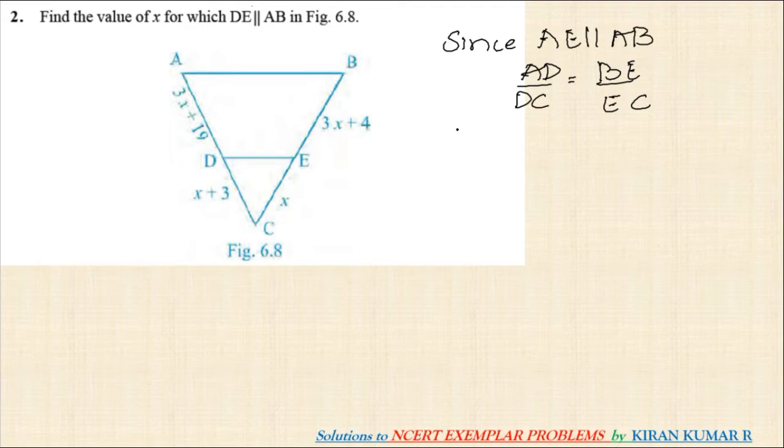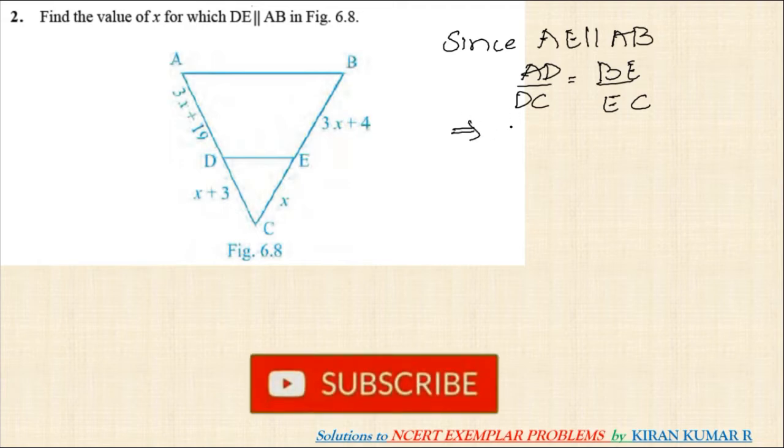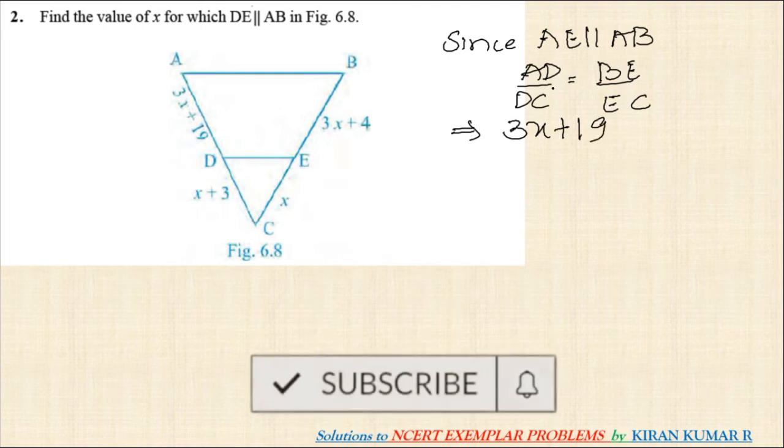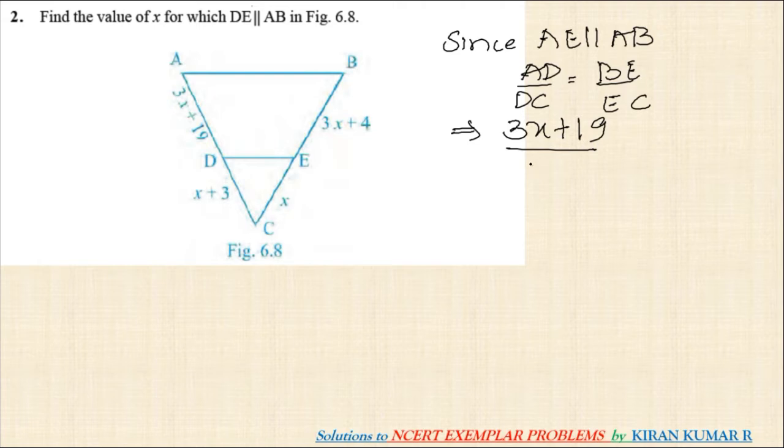The sides will be in proportion by Thales theorem. So 3x plus 19, which is the side AD, divided by the side DC is x plus 3. This will be equal to BE, which is 3x plus 4 upon EC, which is x.